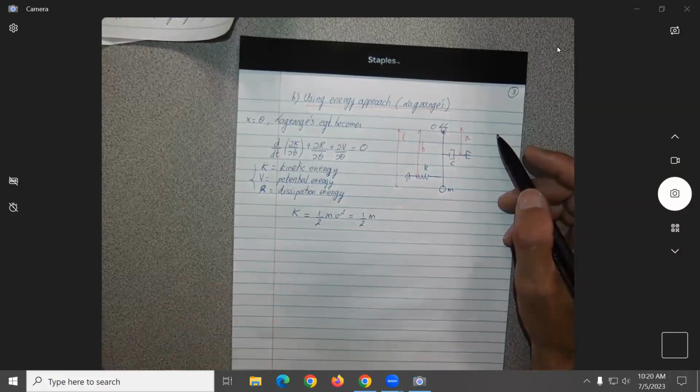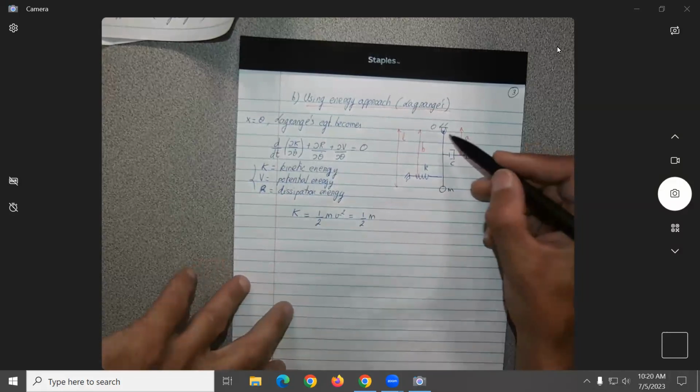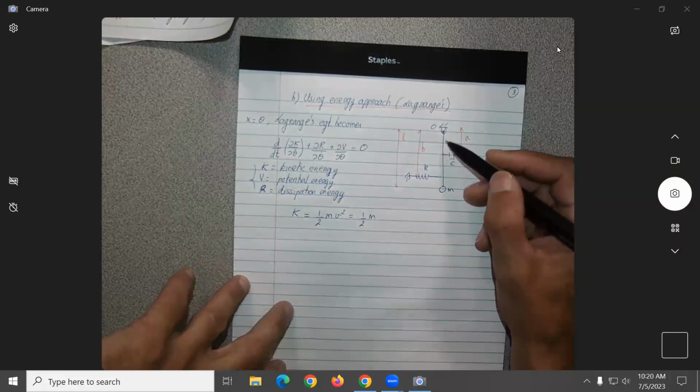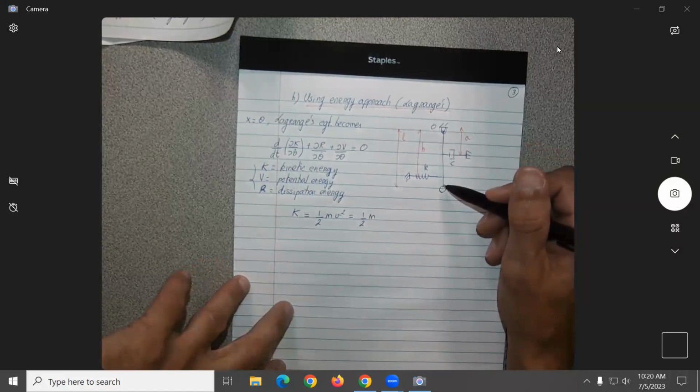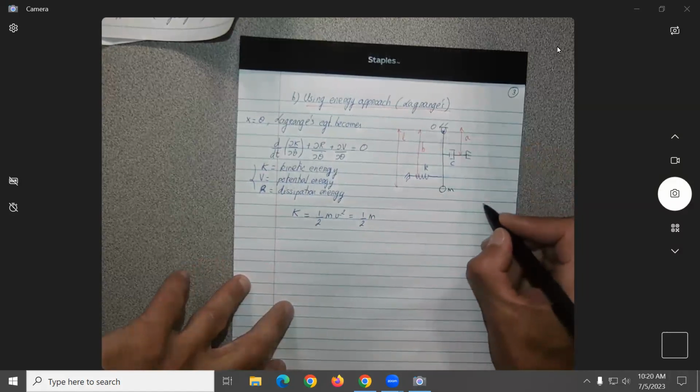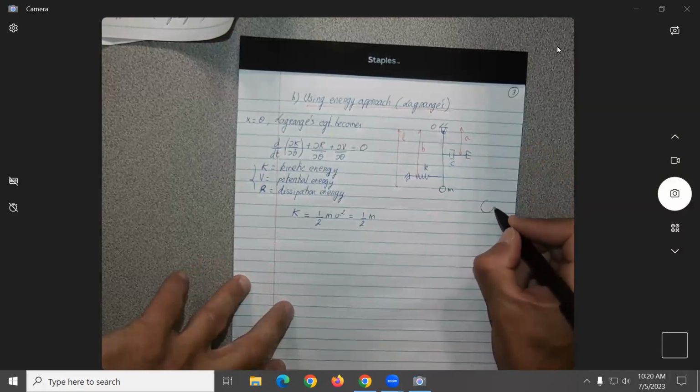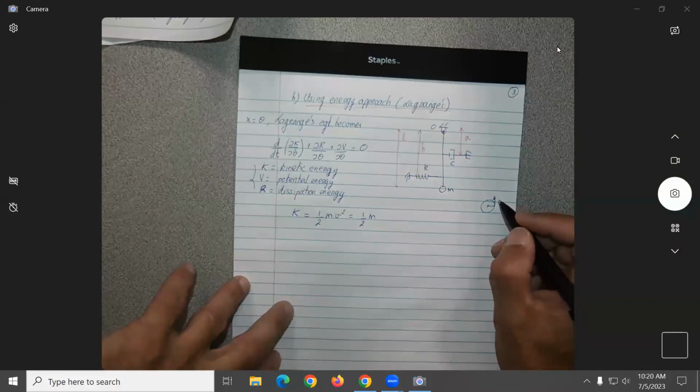So would be theta dot, but we need to be careful because this is like finding the velocity of this one. When something is moving in rotation, what is the velocity?